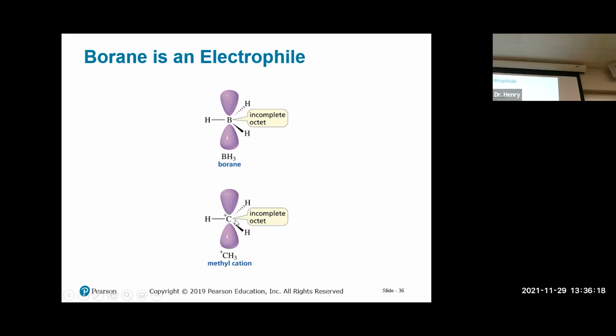When hydrogen forms its structure with that H+, it's also going to have that incomplete octet. So they're going to act very similar to each other. In this case, that borane is going to act just like the electrophile, just like that carbon cation.